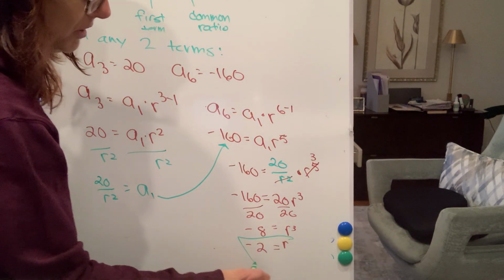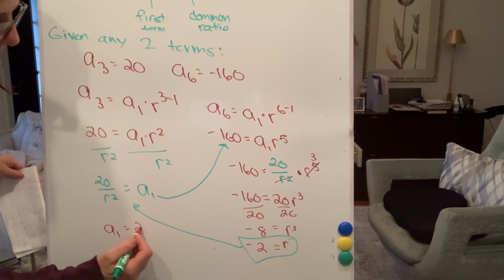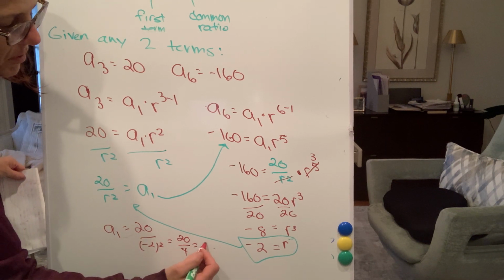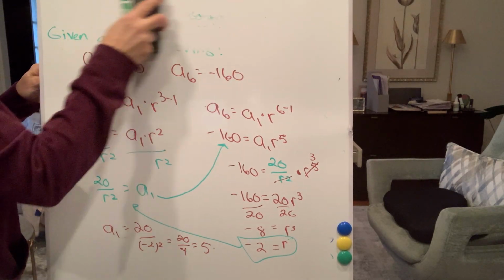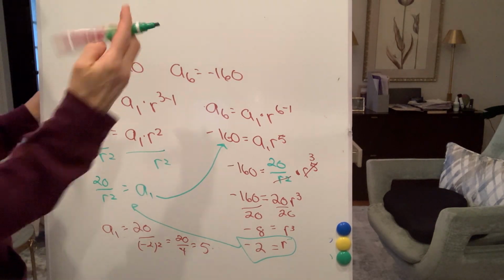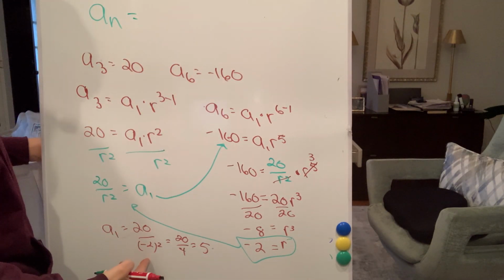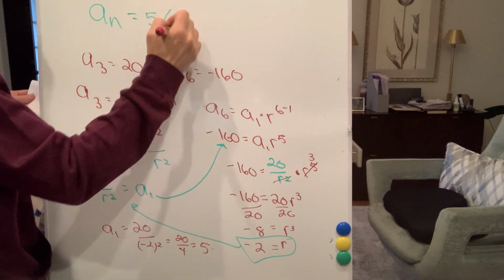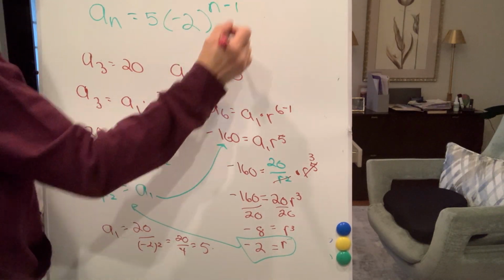Now that I have r equals negative 2, I can come back here and find a1: 20 over negative 2 squared, or 20 over 4, which is 5. All right, so if I want to come back up here and write my rule for the general case, I would have a_n equals, from down here, a1 is positive 5, r was negative 2, make sure this is in parentheses, to the n minus 1.